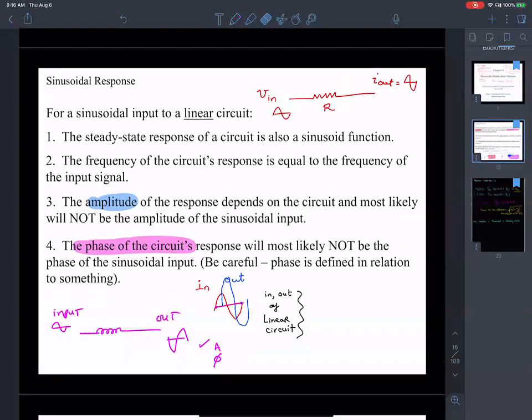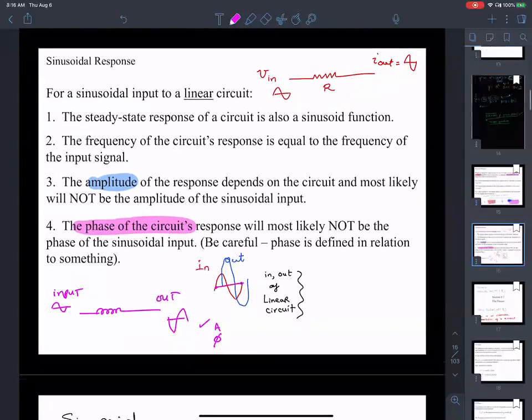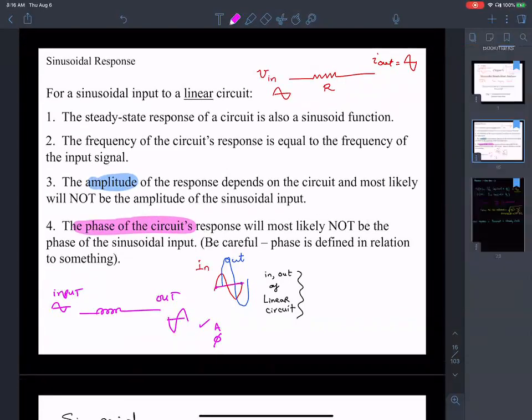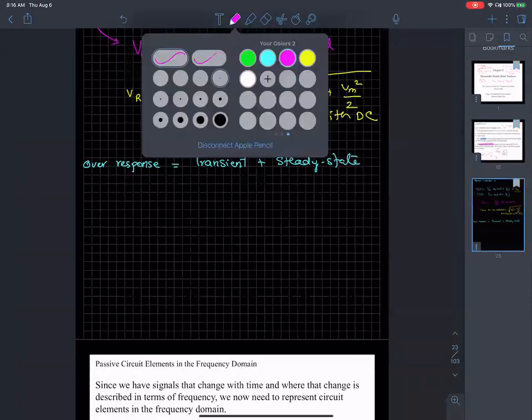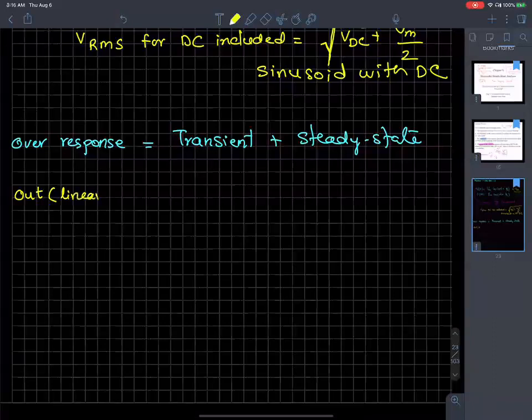Here is how I'm going to show that. Let me write it like so: the output of a linear circuit with input amplitude A_I, phase phi_I, and input frequency.